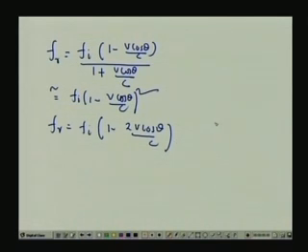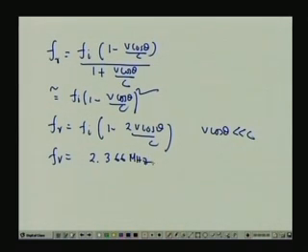Now, please note that V cos theta is much less than C. So, Fr will come up as 2.366 megahertz, right. Even though it is small, 2.4 is Fi. So, the received signal is like this one. Now, the input signal we can write like this one.